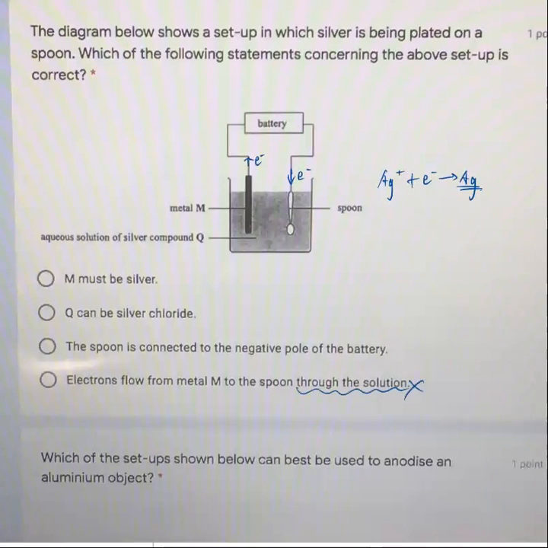Okay, so now we're left with A. Should M be silver or not? Yes, electrons flow from negative to positive.